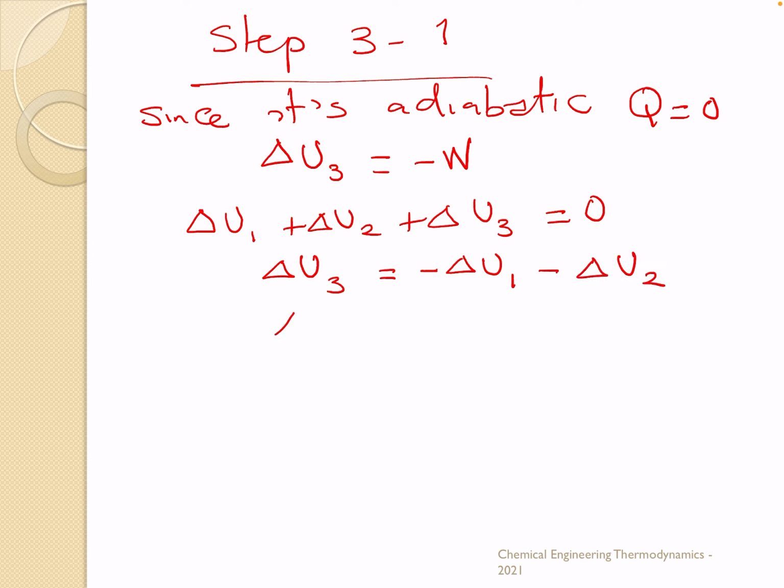If we plug in our values, minus 25 minus 75 equals minus 100 joules.